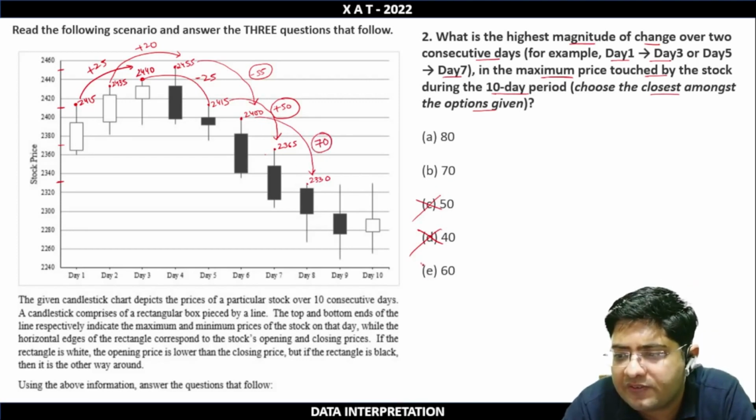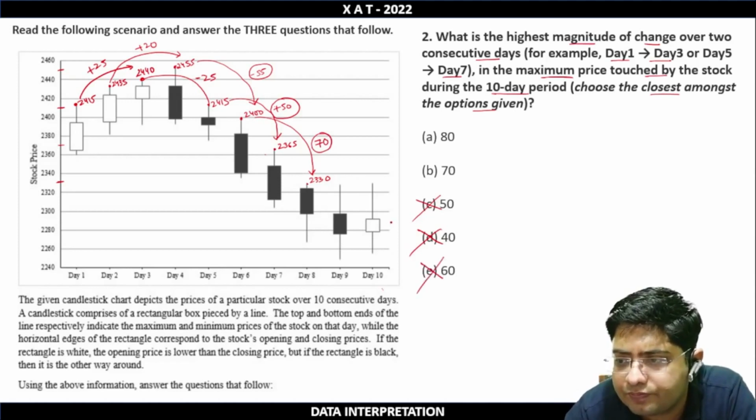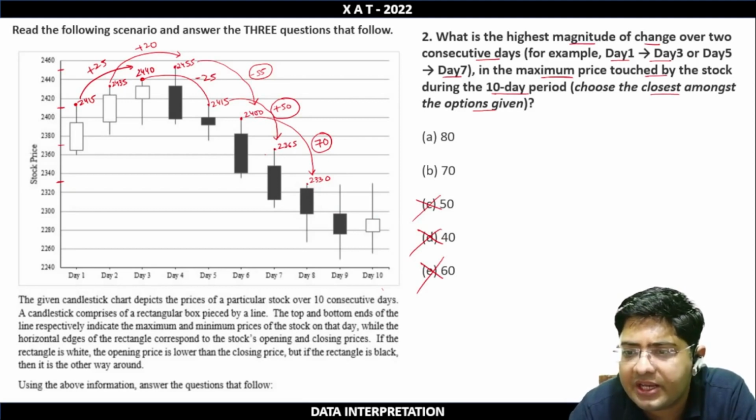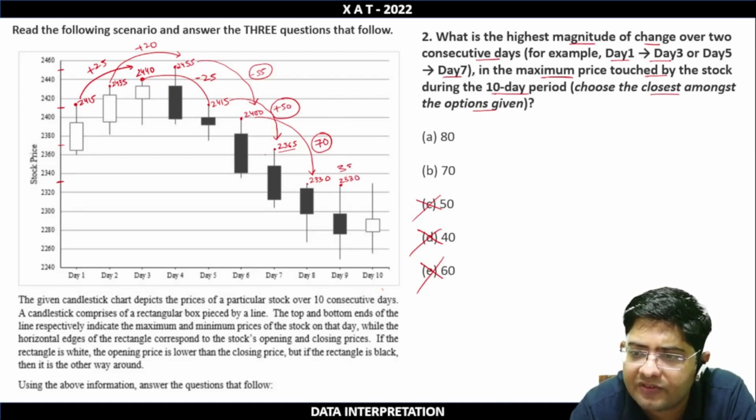That is a change of 70, so I can reject 60 also. Okay, so that is a change of 70, and day 7 to day 9, if we look, 2365 and that is 2330. So 2365 to 2330, that is a change of 35.